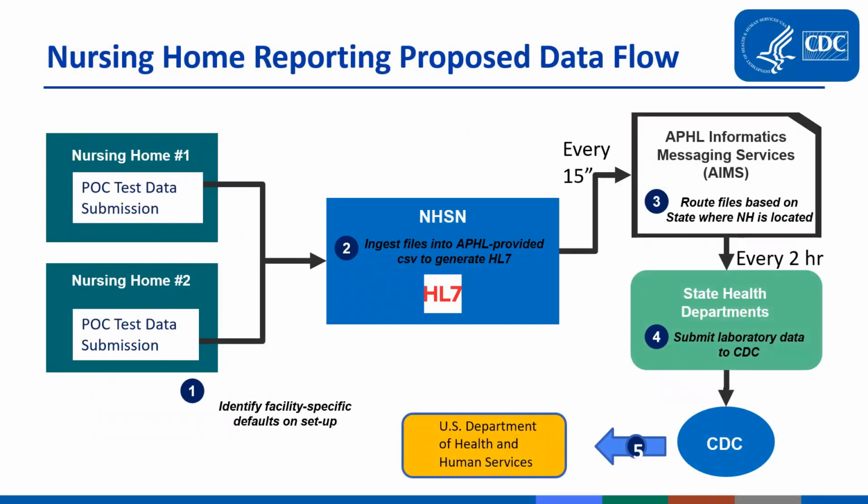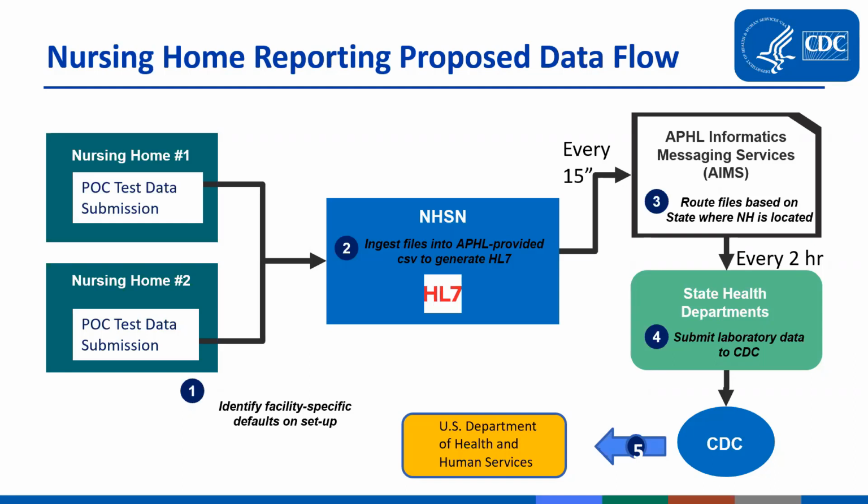This is a schematic of the data flow from the long-term care facility. Starting on the left-hand side, you'll notice that individual nursing homes will enter their POC test data into the NHSN system.